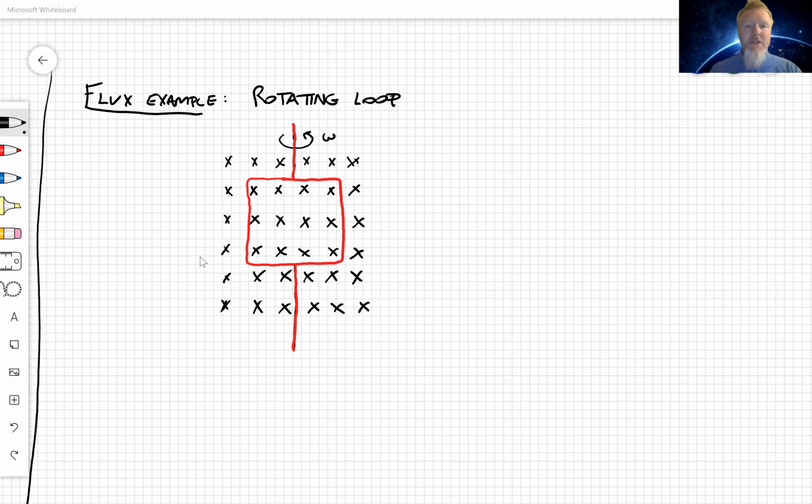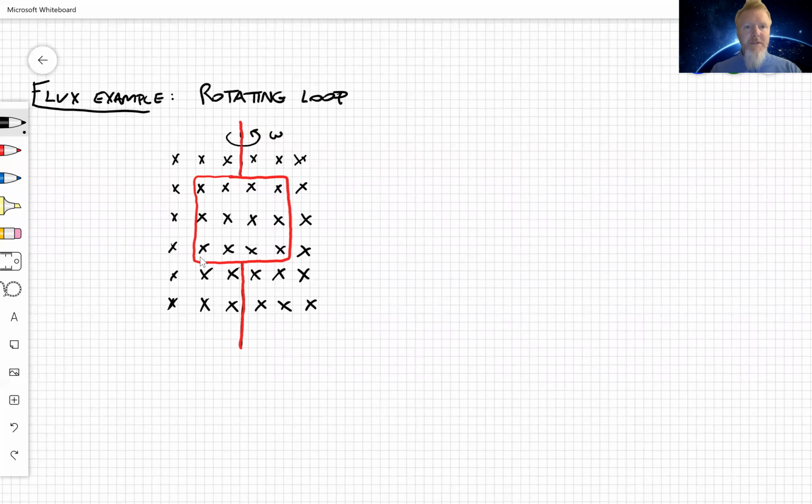So if you looked at it from above and then turned so that I was looking at the B field that looked like, say, this. Okay, so this is a view from the top and rotated 90 degrees.